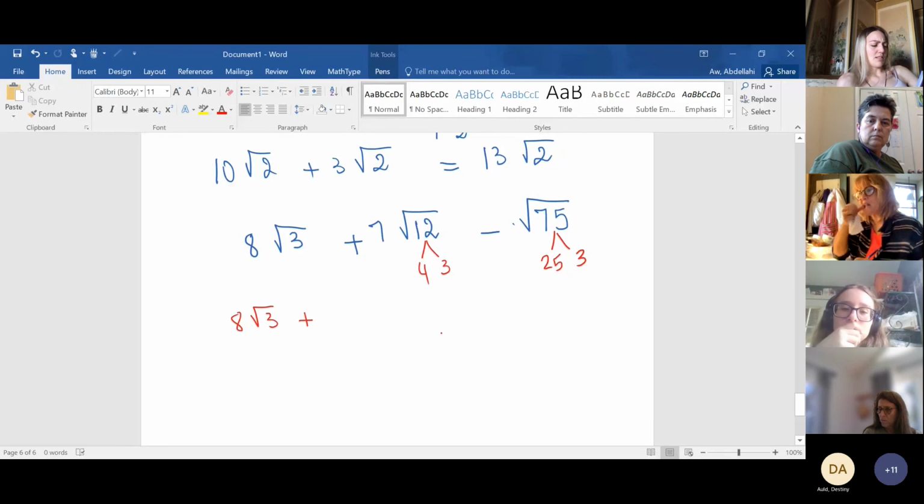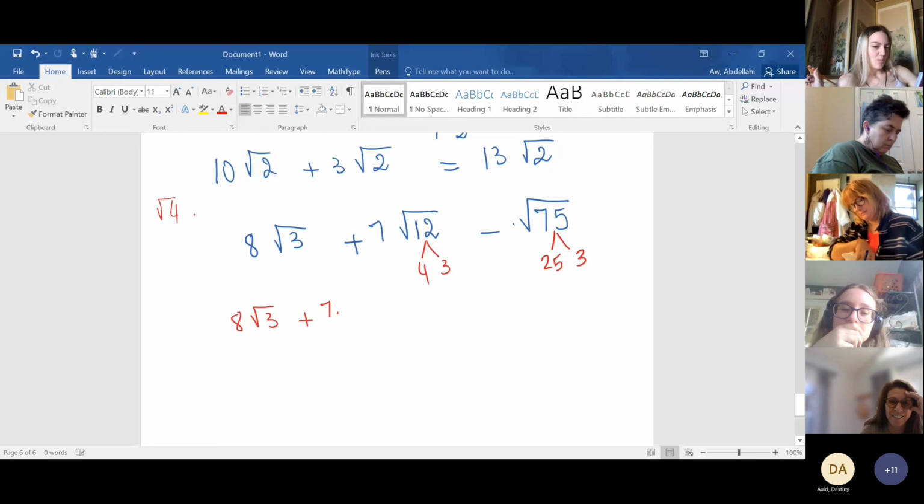So then, plus what? 7 times 4. Is it 7 times 4? When the 4 gets out, it becomes what number? Square root of 4, which is how much? 2. It's 7 times 2 square root of 3, right?